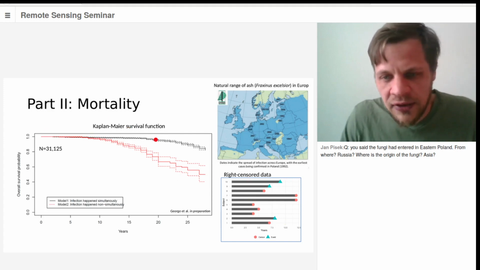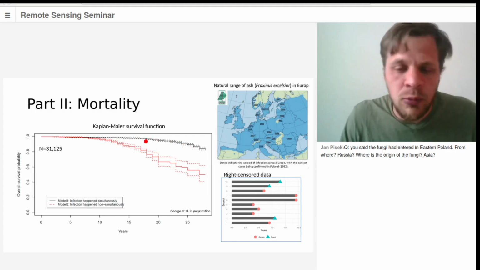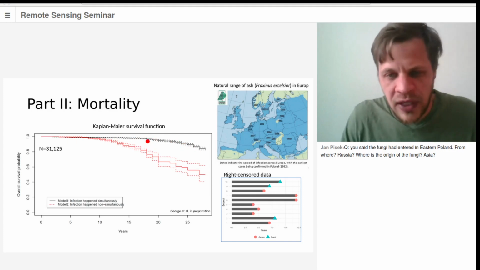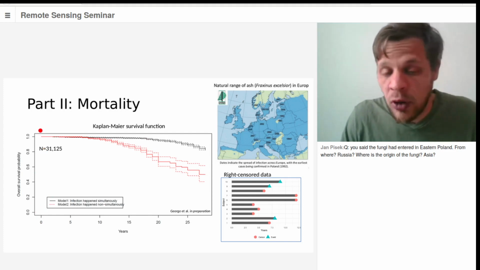And what you see here are these two graphs. These are so-called step functions, where you see how survival or mortality has been evolving since the beginning of the survey.